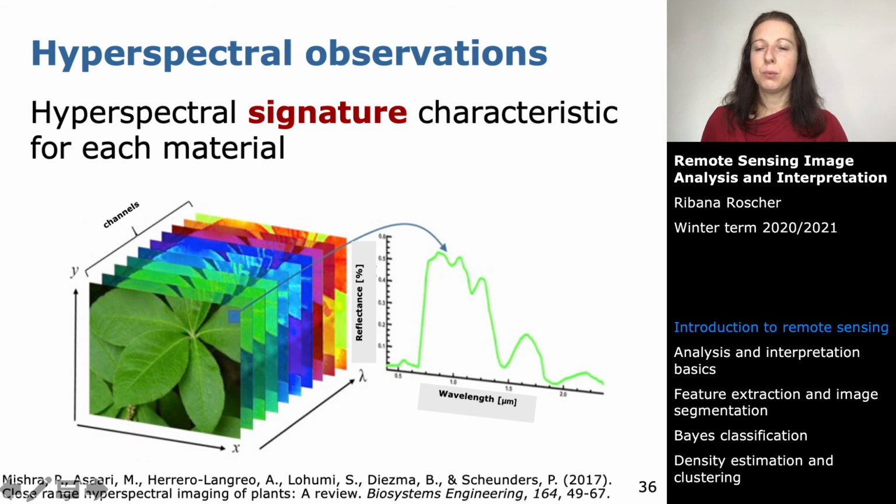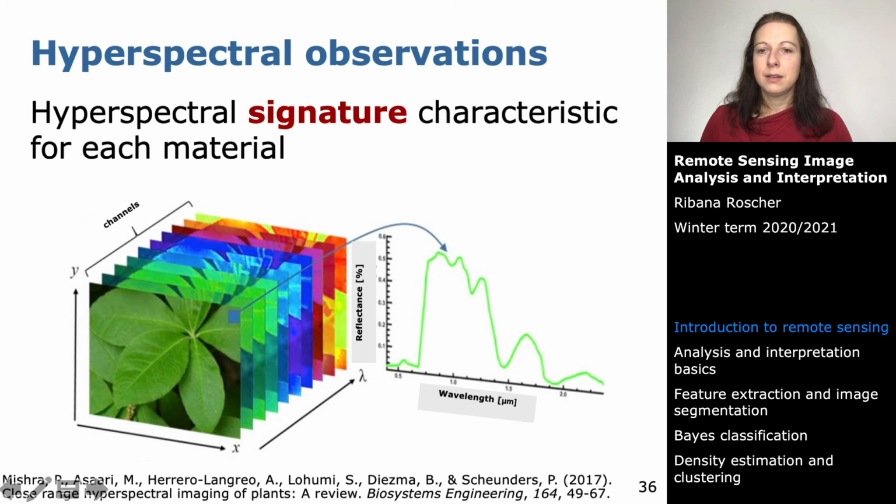On the left side, you can see a so-called data cube. A data cube means that you have an image in X and Y direction, but also a lot of spectral bands. So in the end, if you illustrate it, you get such a cube. And if you look at a specific pixel in the cube, you get exactly such a hyperspectral signature.